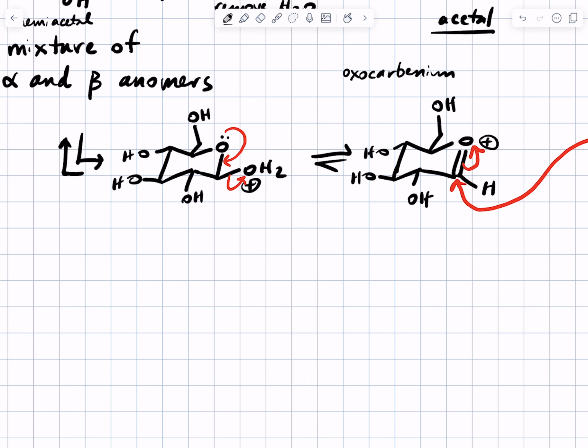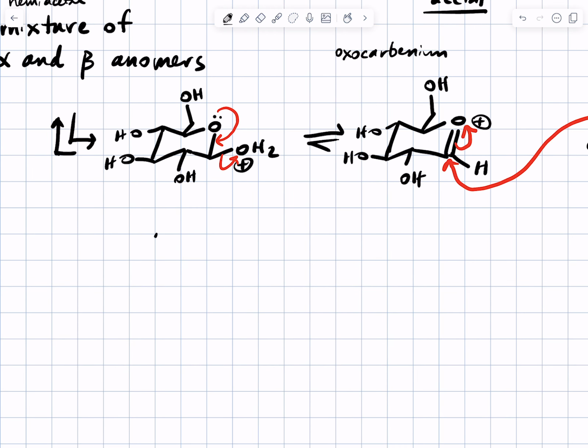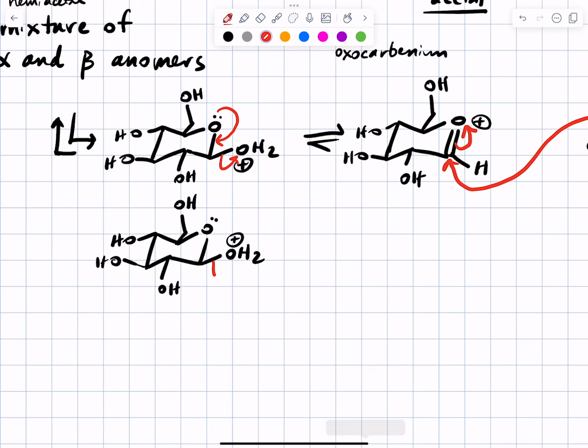Just to avoid confusion, recall that I said last time that your text might show this mechanism in a slightly different but fully equivalent way, which I'm going to draw for you here. Instead of having the electrons on the oxygen kick down and the leaving group leaves, your text will sometimes show the leaving group just leaving to get an intermediate that is in fact a resonance structure of the oxocarbenium ion that we've drawn above.